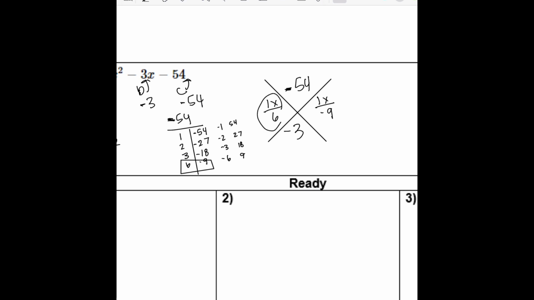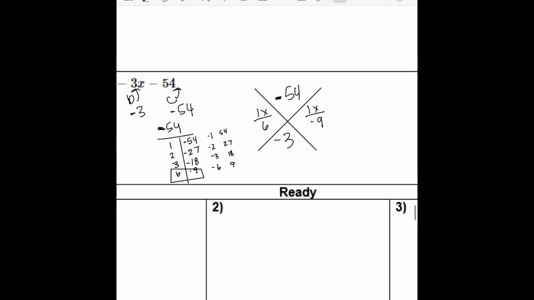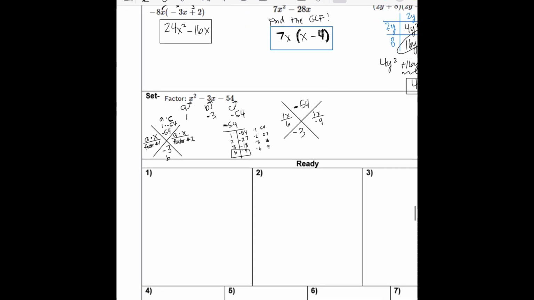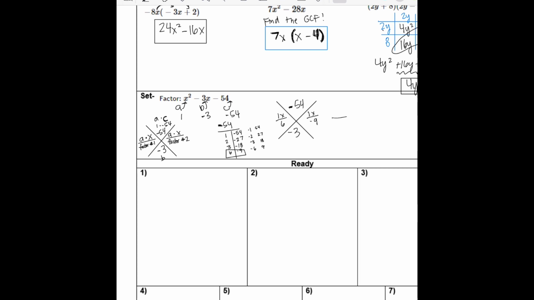You should always reduce this fraction if you can. This one doesn't. So we are going to have a final answer in factored form or intercept form of x plus 6 and x minus 9.